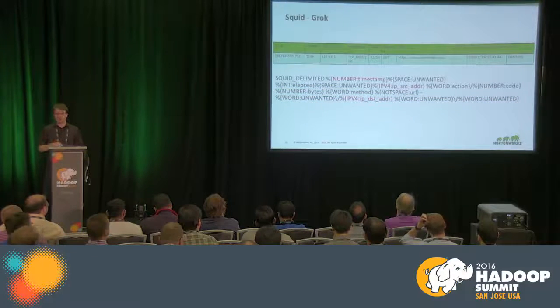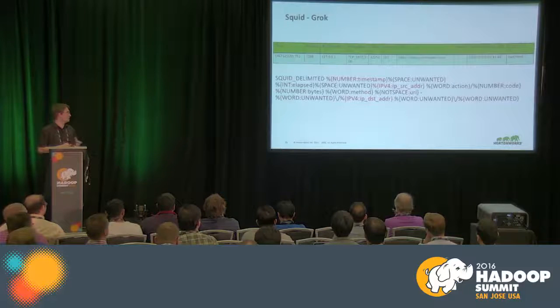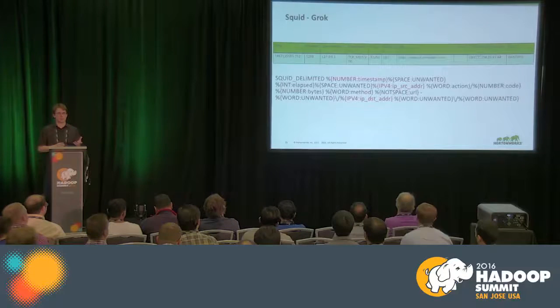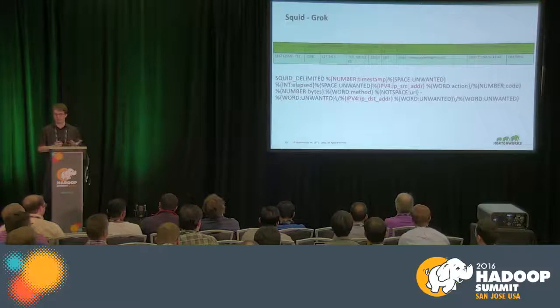So like we were saying earlier, we're going to build a Grok parser for this, and it's real simple. It looks pretty much like a regex, where we pull out a couple things we want that we saw from the earlier JSON blob, like the timestamp, the IP source address, the IP destination address.